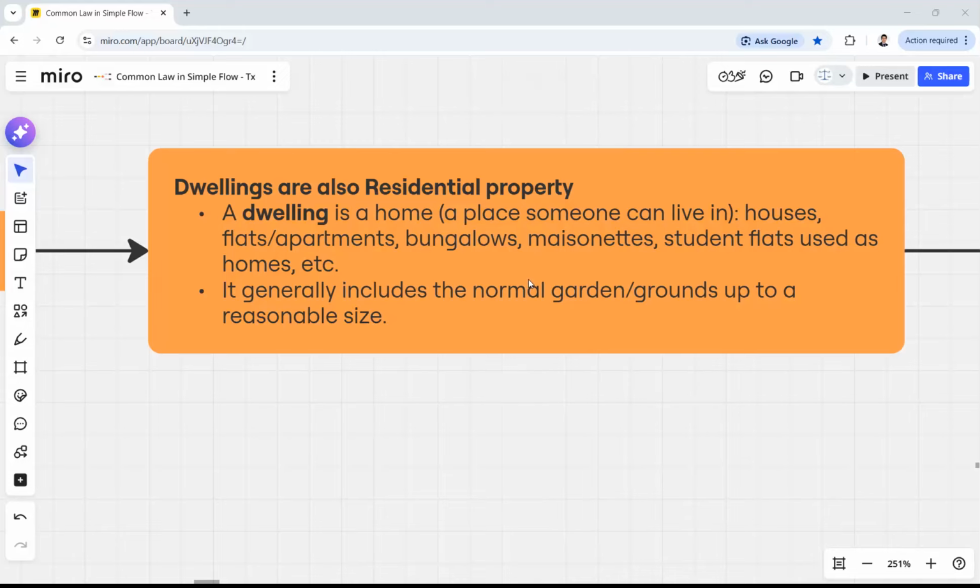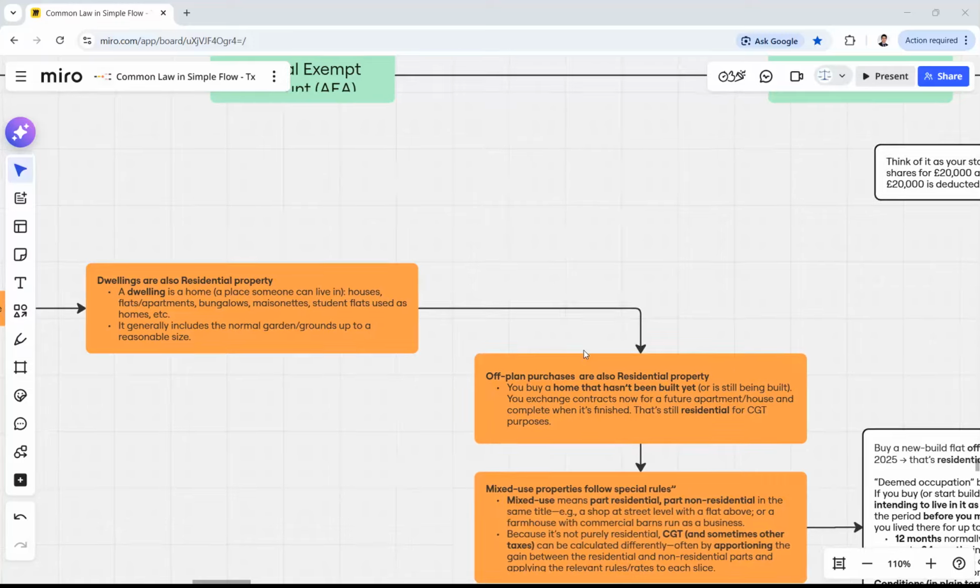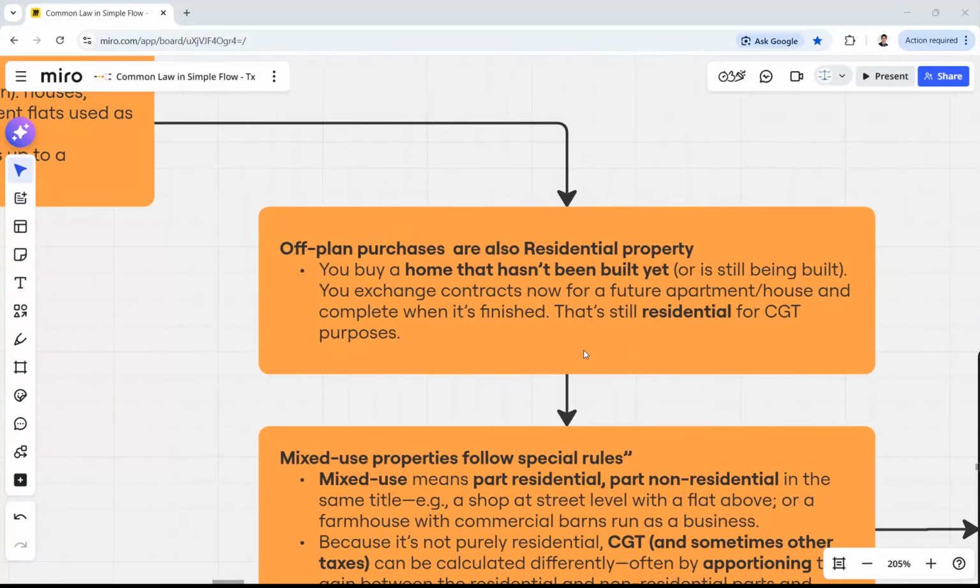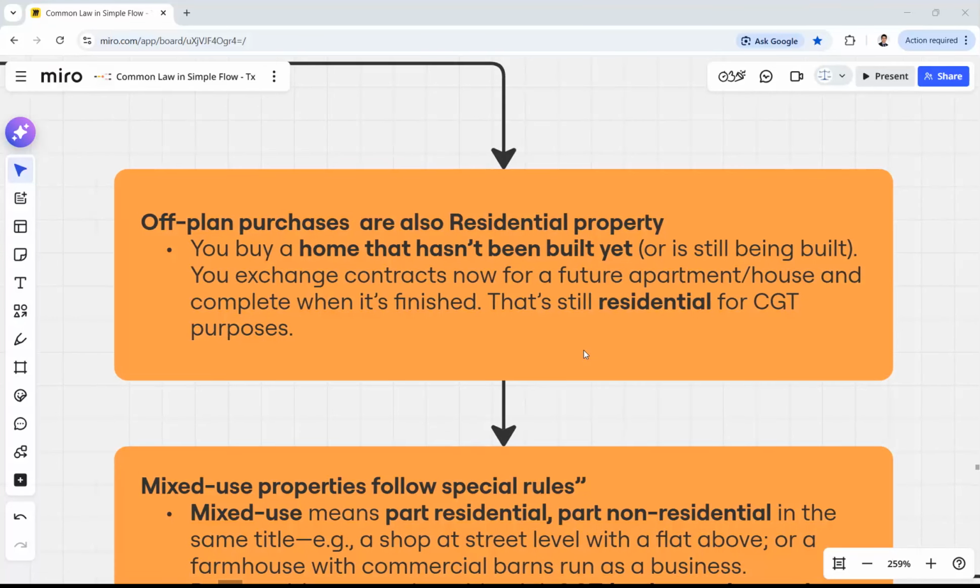It generally includes the normal garden grounds up to a reasonable size. So dwelling, it is also a place where people live. Off-plan purchases are also residential property. You buy a home that hasn't been built yet or is still being built.